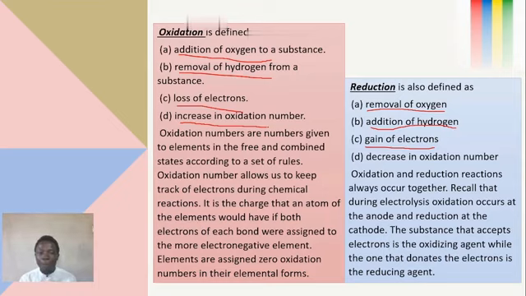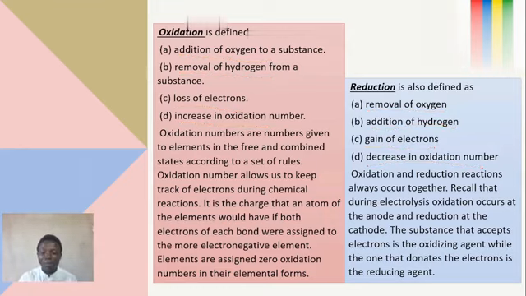So that +1 becomes their oxidation number. For a free atom, the oxidation number is 0. Are we okay? Good. So now, reduction in terms of oxidation number will be what? A decrease in oxidation number. That is reduction.